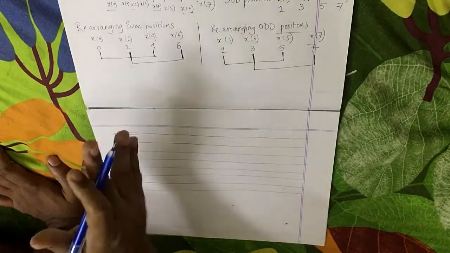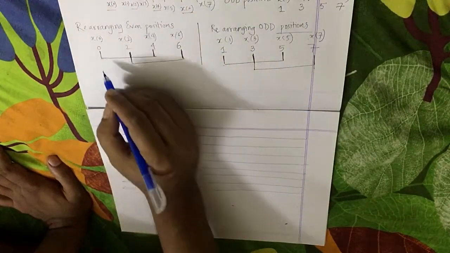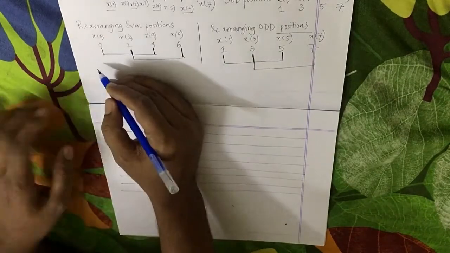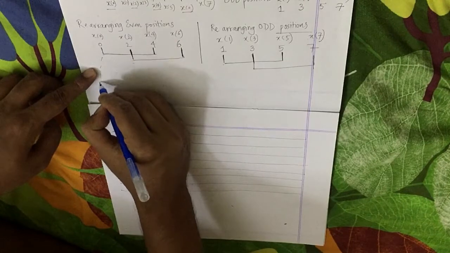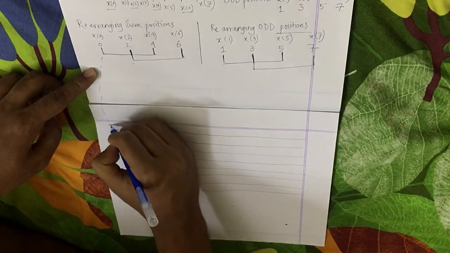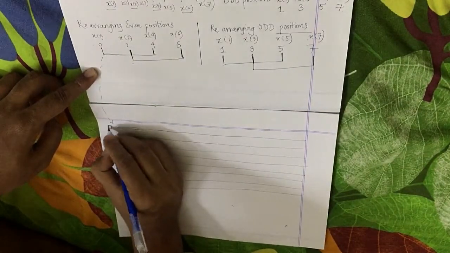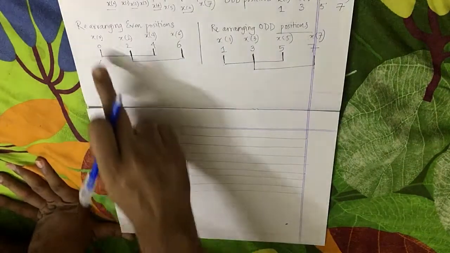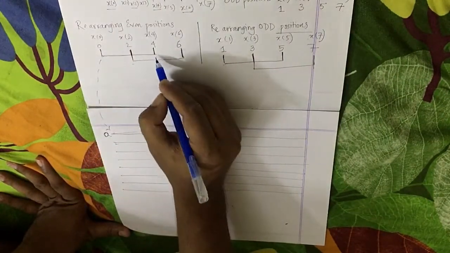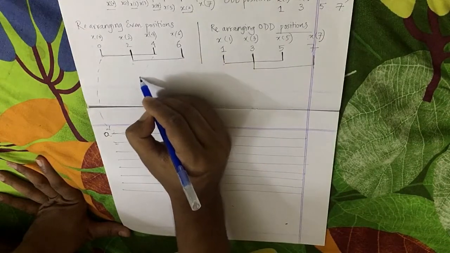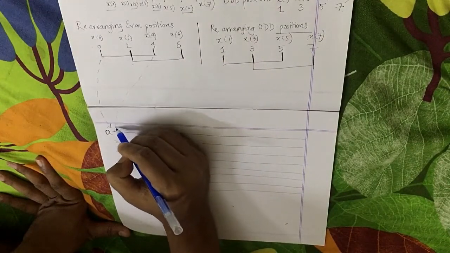So now please look at this one. First we need to fill this first position with this 0, or x of 0. Then after 0, I told you that we need to write this 4. So this 4 comes in the second line.